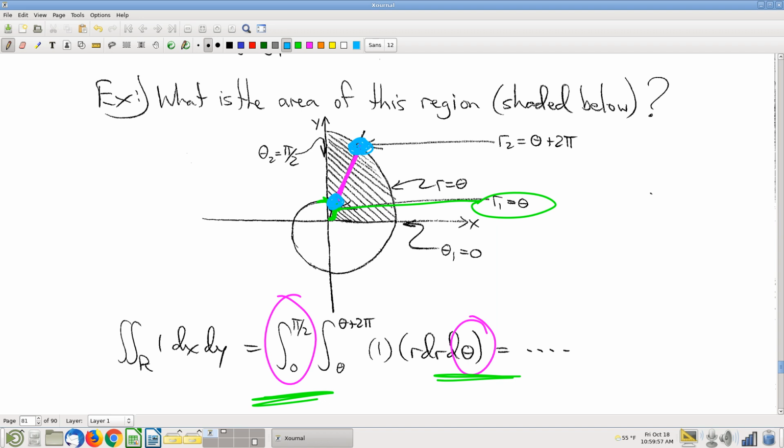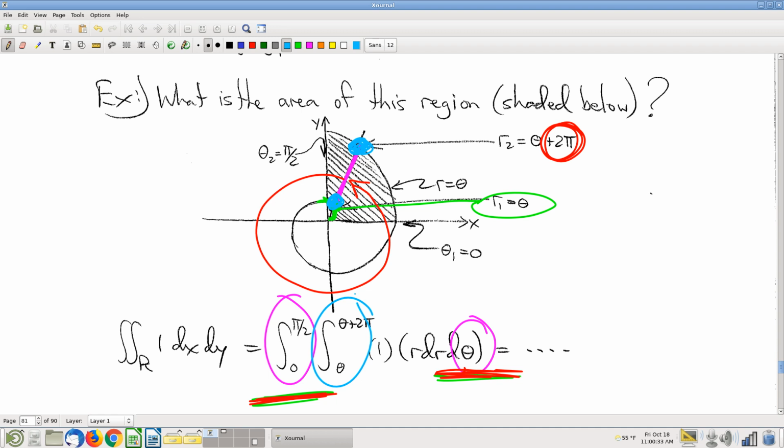I mean, you could think of them as having the same theta, but importantly, we've gone around a whole extra 2 pi in going around the curve to get from that one to that one, and that extra 2 pi around makes your r bound there theta plus 2 pi. So, given that we're restricted to theta being between 0 and pi over 2, you get these bounds for your inner r integral. Okay.